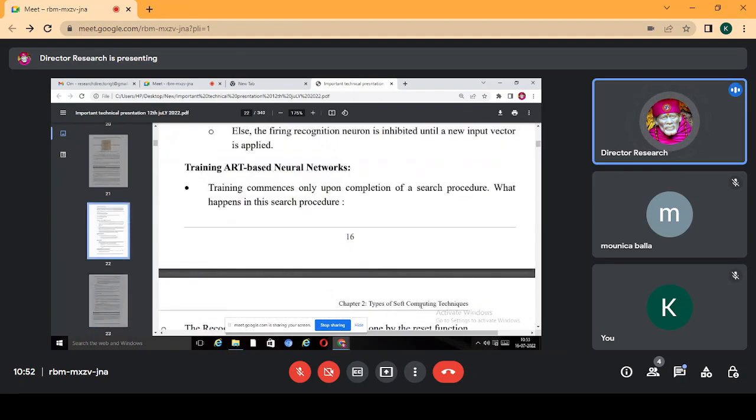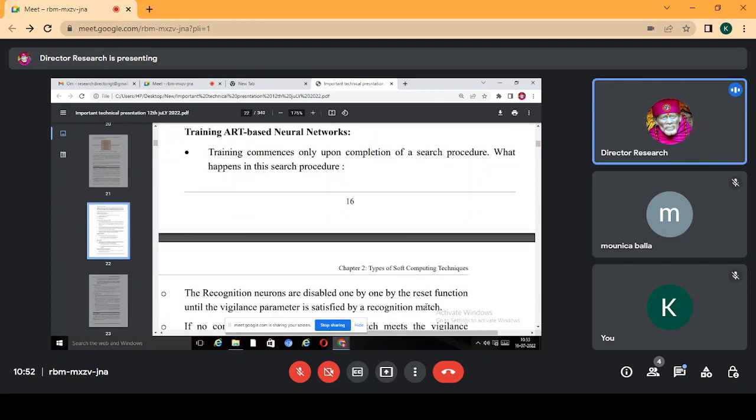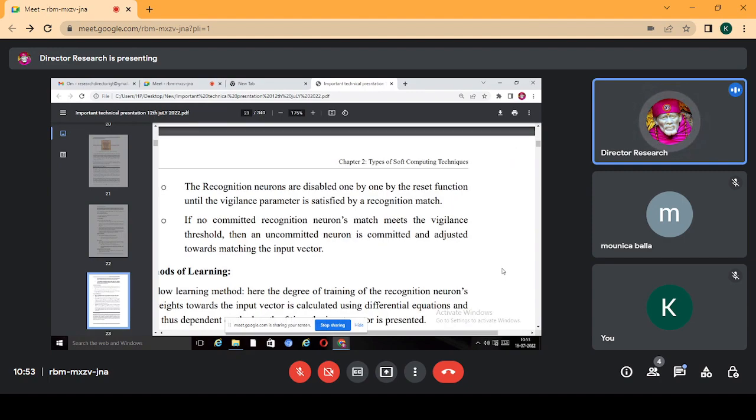Training an ART-based neural network. Training commences only upon completion of such a procedure. What happens in such a procedure? The recognition neurons are disabled one by one.